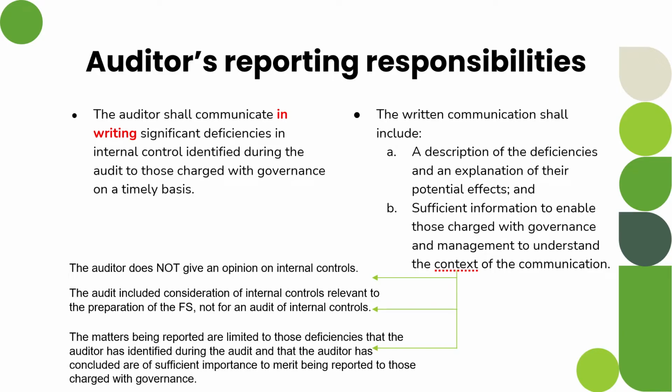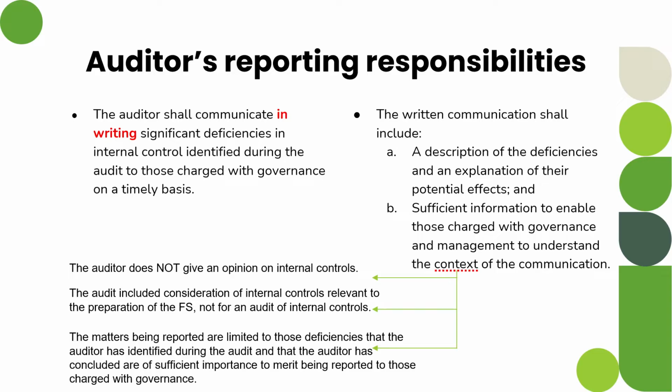We also need to let management understand that the matters being reported are limited to those deficiencies that we have identified during the audit and that we have concluded are of sufficient importance to merit being reported to those charged with governance. In other words, we are not reporting all deficiencies.